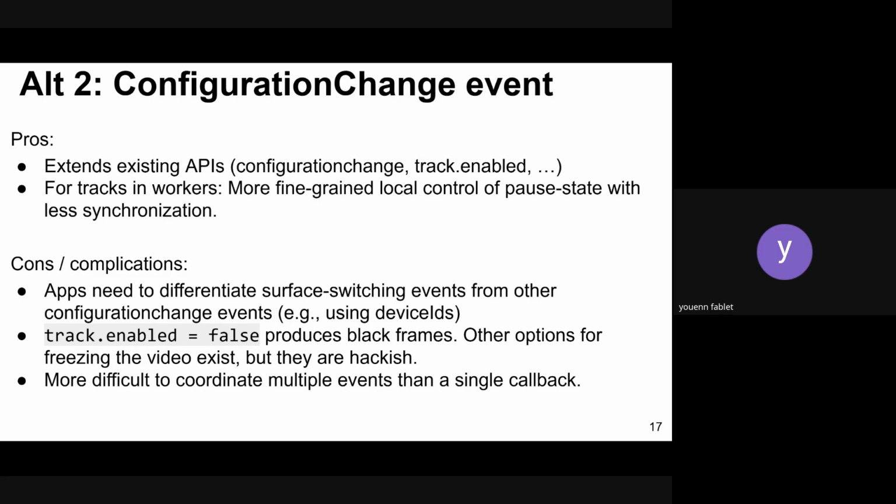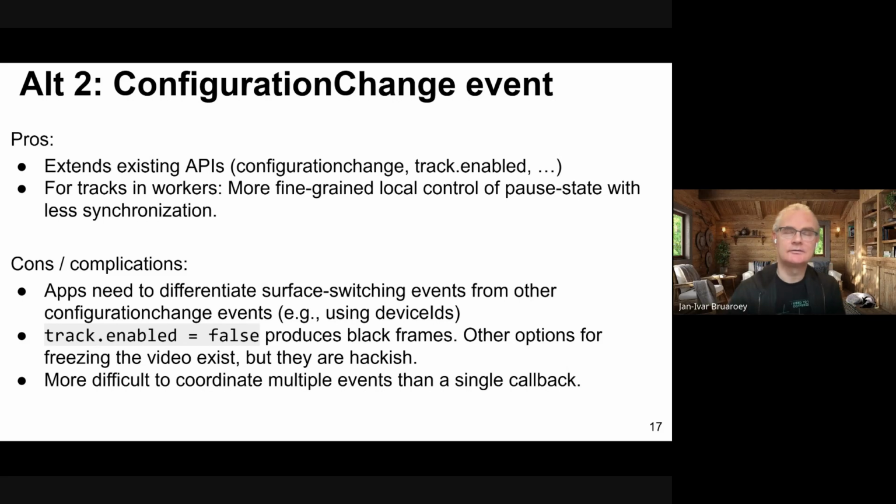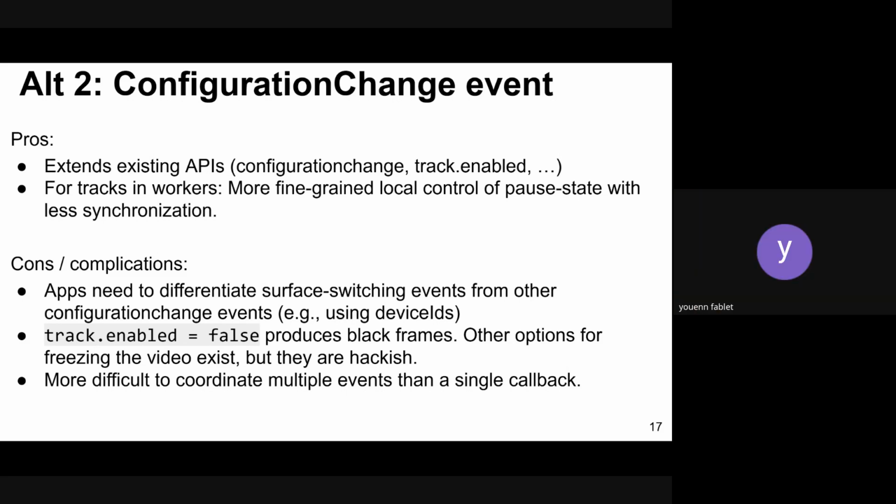Even going from screen to window or window to tab, the settings are also changing, so it would fire there as well. The label is not part of settings. Sure, but let's say window to screen, for instance. Now you get the surface type, and it will be either the old or the new one, and you probably want the new one there. The configuration change event would fire in that case.